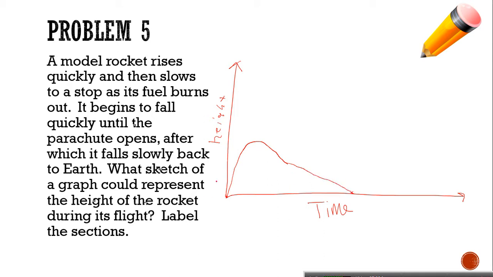So now I'm going to label my sections. Right here, this was where my rocket rises quickly. About right here, it begins to fall.